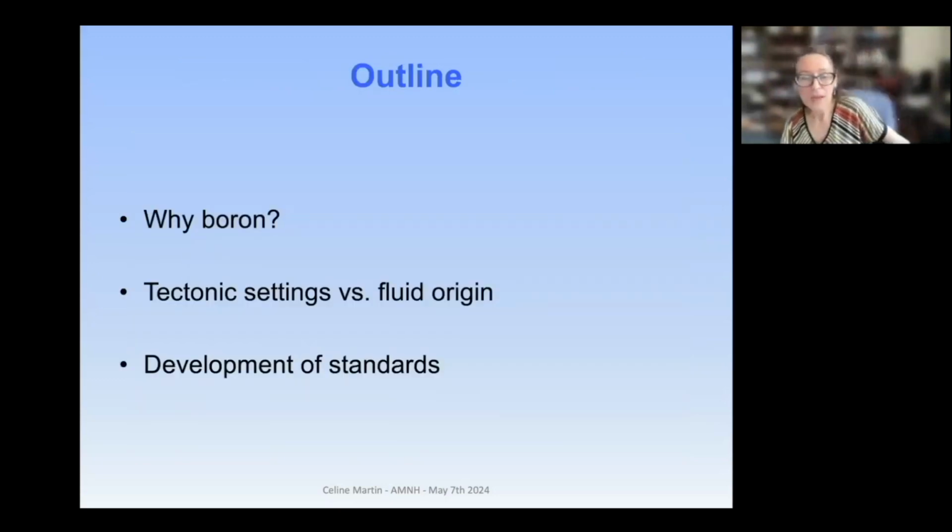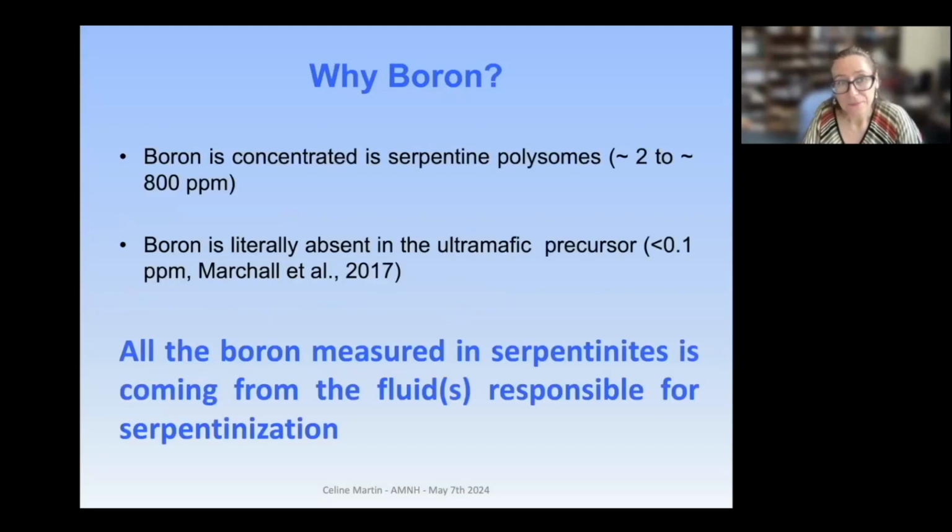I will explain why we use boron and what the impact of this element is on serpentinite study. Then I will present tectonic setting versus fluid origin, because most publications present the tectonic setting in which serpentinization happened, while we should really talk in terms of the fluid that was responsible for serpentinization. And a very important point, if I have the time, the development of standards for in situ analysis.